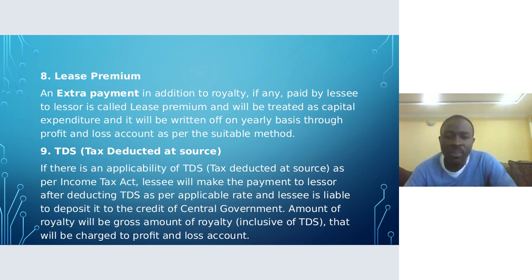Then he will be liable to deposit it to the credit of the central government. Now, the amount of the royalty will be the gross amount of royalty, that is inclusive of tax deducted at source, and will be charged to profit and loss.